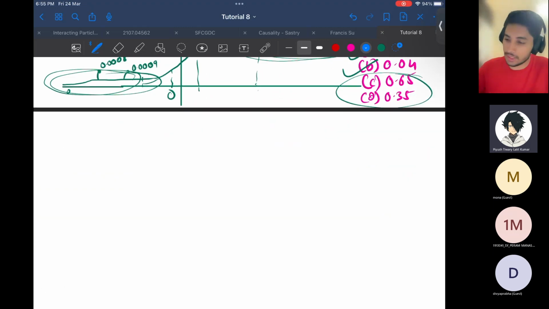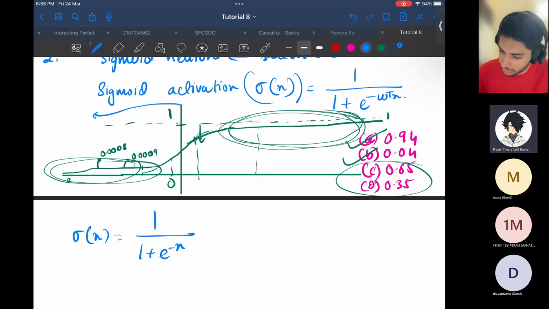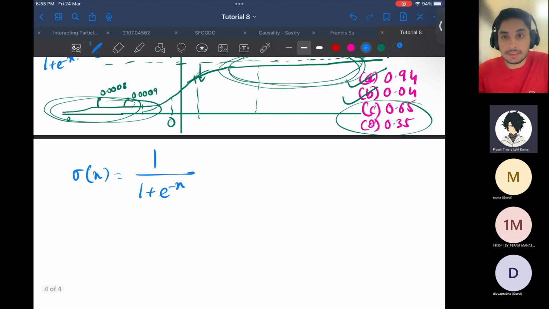I was writing this in terms of the activation function, but you are right. The sigmoid function is actually 1 plus e raised to minus x. In fact, the function that I have drawn here is that thing itself. But let's say you are applying this in a neural network. Then this x would become W transpose x.